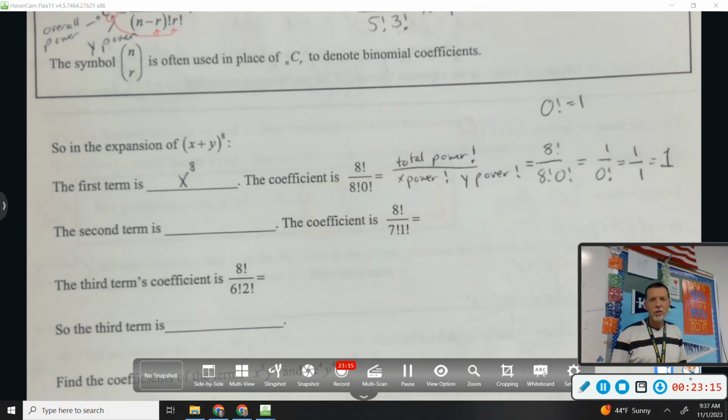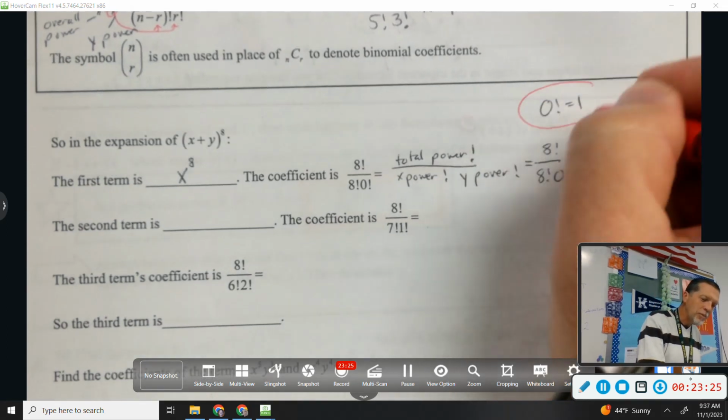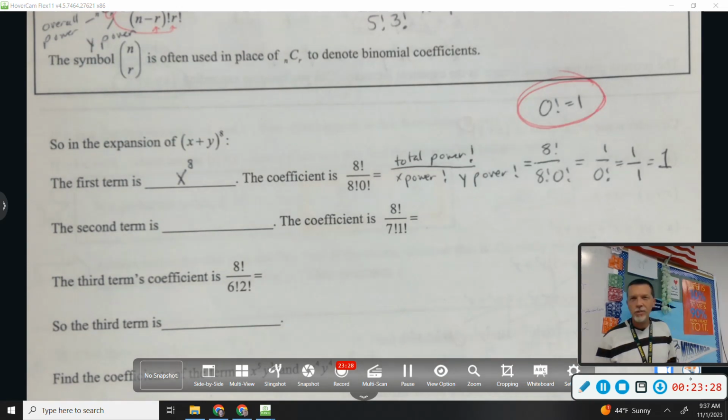Because if 0 factorial is anything else, we'd need a different rule for the first term. Let's just make the rule work all the time. This seems a little fishy, but let's just say 0 factorial is 1. And then our little shortcut rule works all the time.